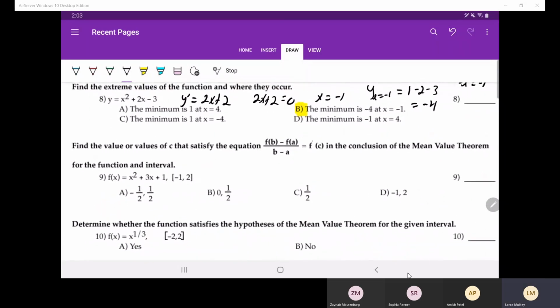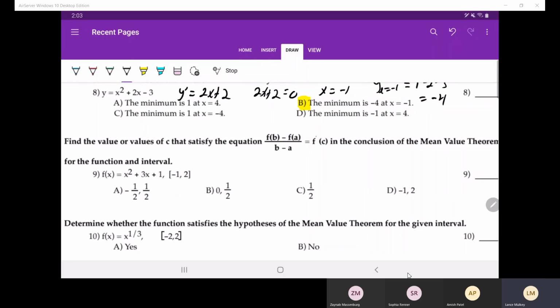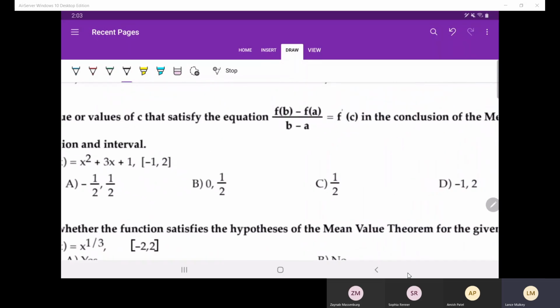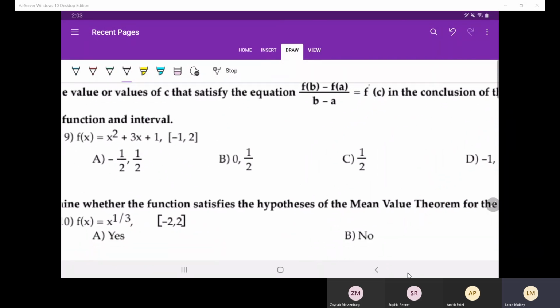So, yeah, he gave you the mean value theorem. So find all values of c. So at what point of x, or what point on the graph satisfies the mean value theorem. So first things first, what you should do lots of times in calculus. What's the first thing we should do?